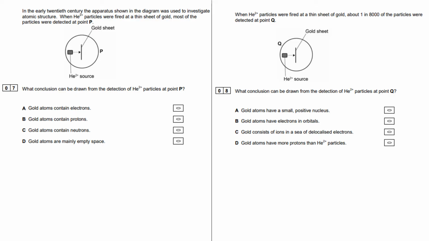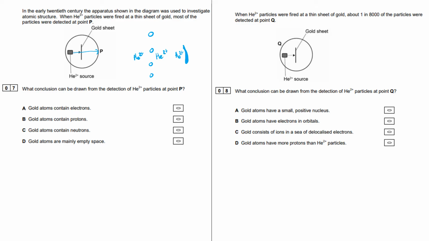And what they found, that most of the particles fired from the source of helium ions or alpha particles hit detector P, despite there being a gold sheet in the way. Now the fact that these He2+ ions were hitting detector P means that they must be passing through the gold sheet.